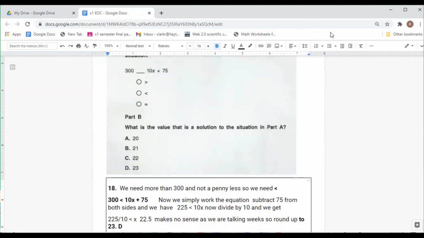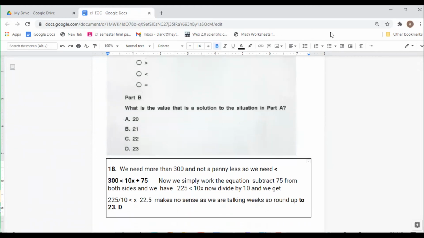And 22.5 weeks makes no sense to us. I don't know what a half a week is. She gets $10 a week. I don't think that means that her parents are paying her 10 divided by 7 a day. I think at the end of the week she gets $10. So we round up. 23 would be our right answer.